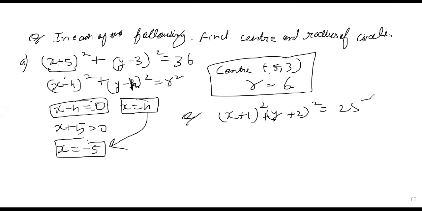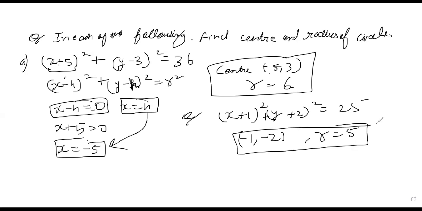Now tell me. The center would be minus 1 comma minus 2, and the radius is 5. Good. Now you understand the purpose of the positive and negative sign. Note it down if you want to.